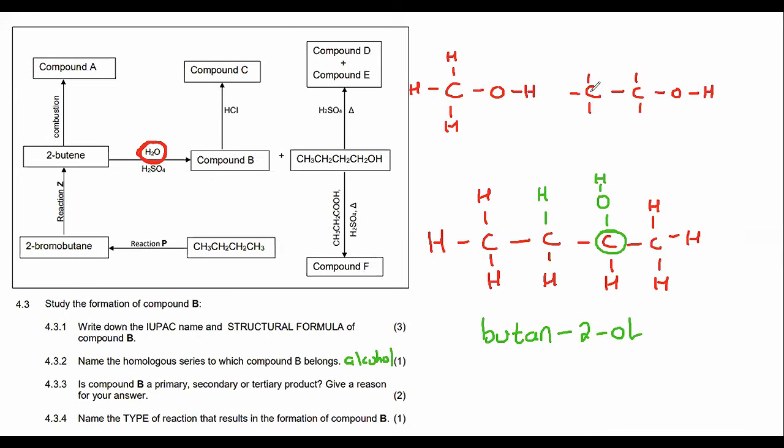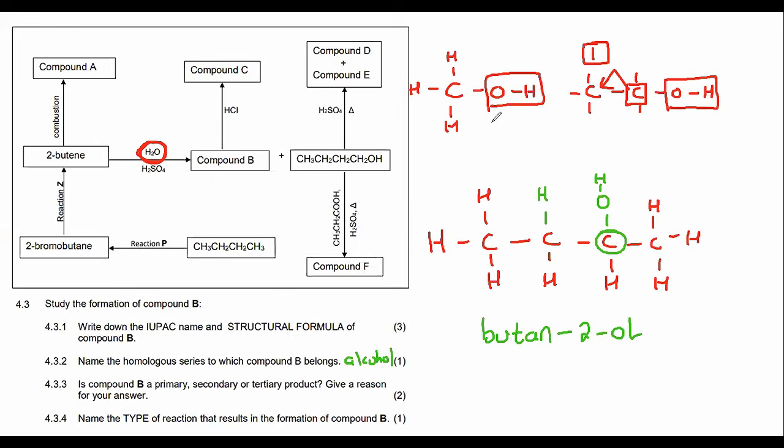So what you do is you look at the OH over here. So you look at this OH, and then you look at the carbon that is attached to the OH, which is this one over here. And then you look and see how many carbons are touching that one. So can you see that there is only one carbon touching that one? So that's 1. If we look at this example, you look at the OH first.